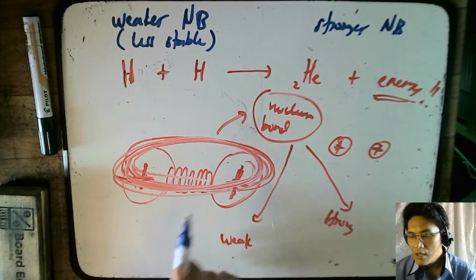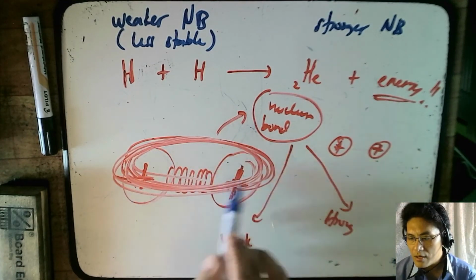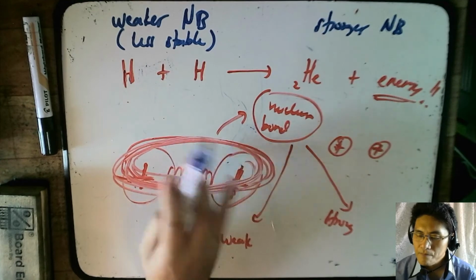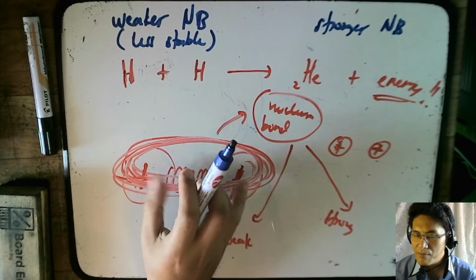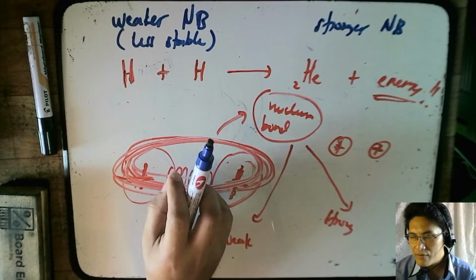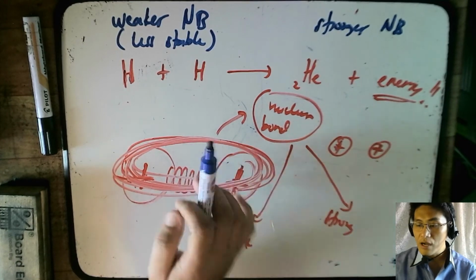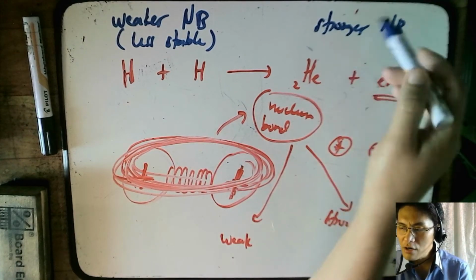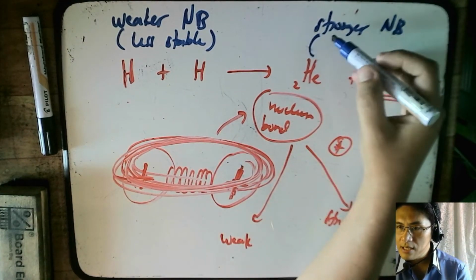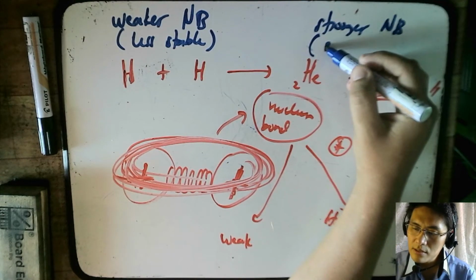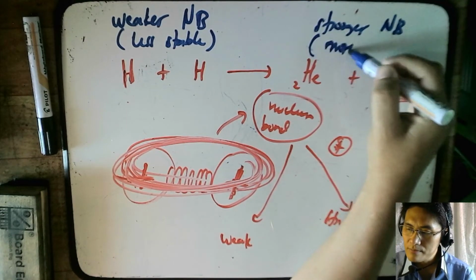Right? Because think about it. If the bond is weaker, then the particles that are being bonded together can have an easier time of overcoming that bond. But if you have a stronger nuclear bond, that means the atom is more stable.